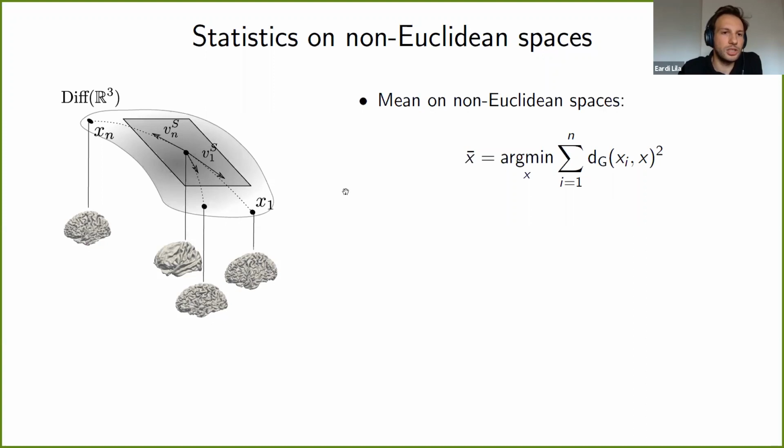If you had an infinite number of these brains on this nonlinear geometry, and you knew the distribution of these brains in this nonlinear space, nevertheless, if you take the expected value, which is the population quantity, the asymptotic quantity, that would live outside the geometry that you have, right? No matter how many points you observe here, if they are around this point, the mean, even if it's the population quantity, would go outside the geometry where you want to constrain things.